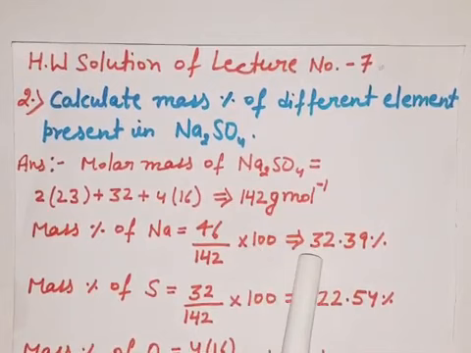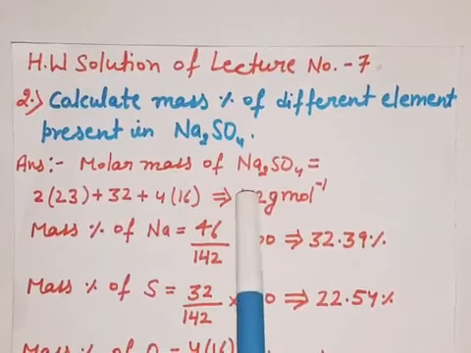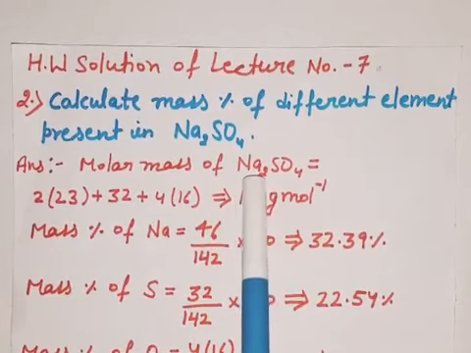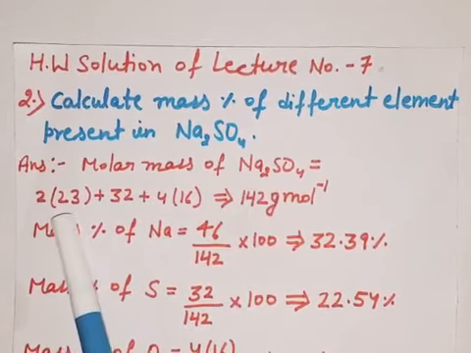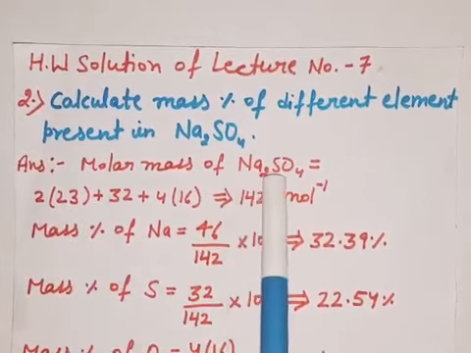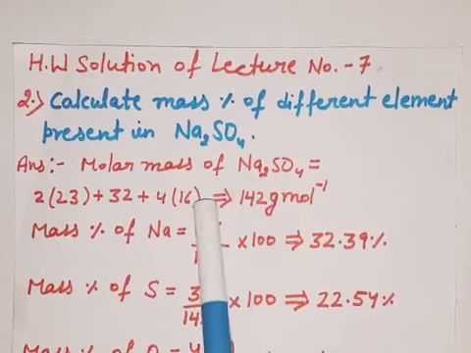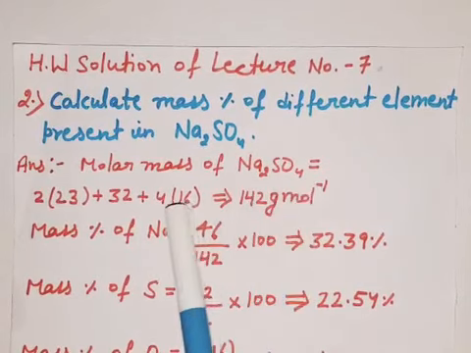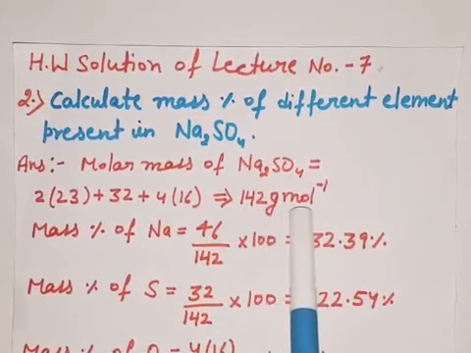First we will find the molar mass of sodium sulfate. Atomic mass of sodium is 23 and there are 2 atoms of sodium, so 2 into 23, plus atomic mass of sulfur is 32, plus atomic mass of oxygen is 16 and 4 atoms of oxygen, so 4 into 16, that is equal to 142 gram per mole.